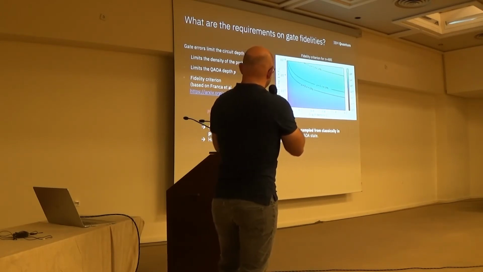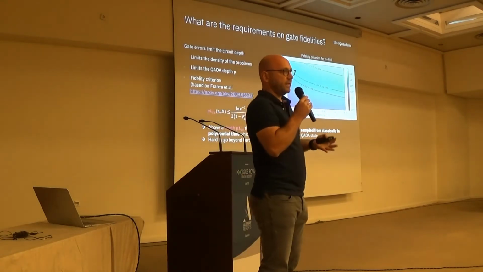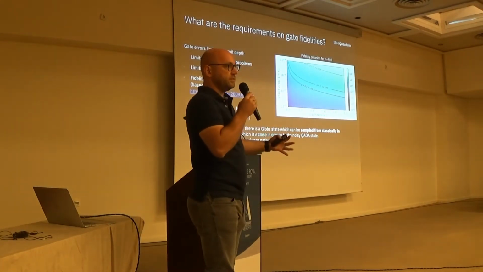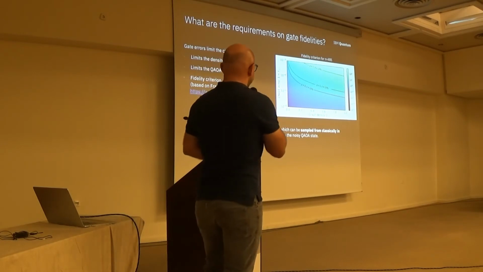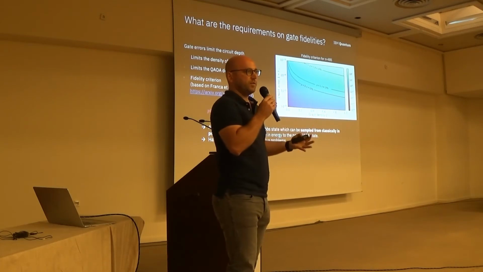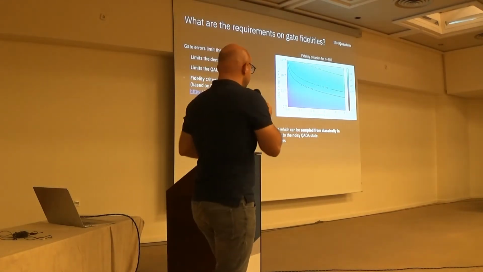And there's a nice paper by Franca et al. which introduces a criterion for that essentially. So this is going a little bit beyond the coherence time. It's really looking at the two-qubit gate fidelities, two-qubit gate errors. What this essentially does is it gives you a threshold, an upper bound on the number of gates that you can afford with this noise level. And what does it mean to be able to afford that?